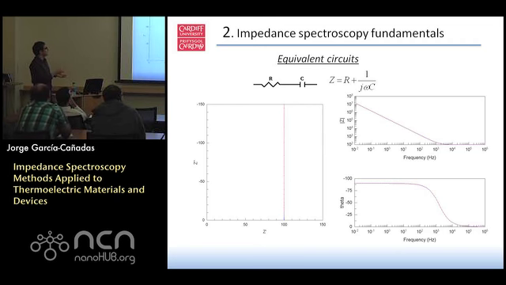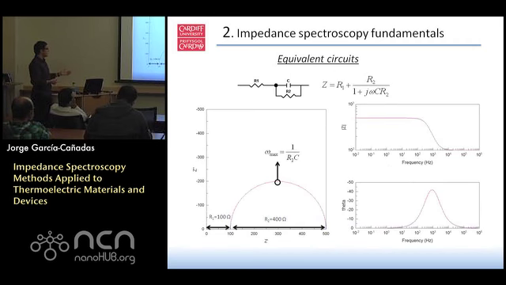If we connect our resistor in series with a capacitor, the spectrum changes. We now have a vertical line going from 0 imaginary part at high frequencies to infinity at very low frequencies. And the Bode plots change as well.